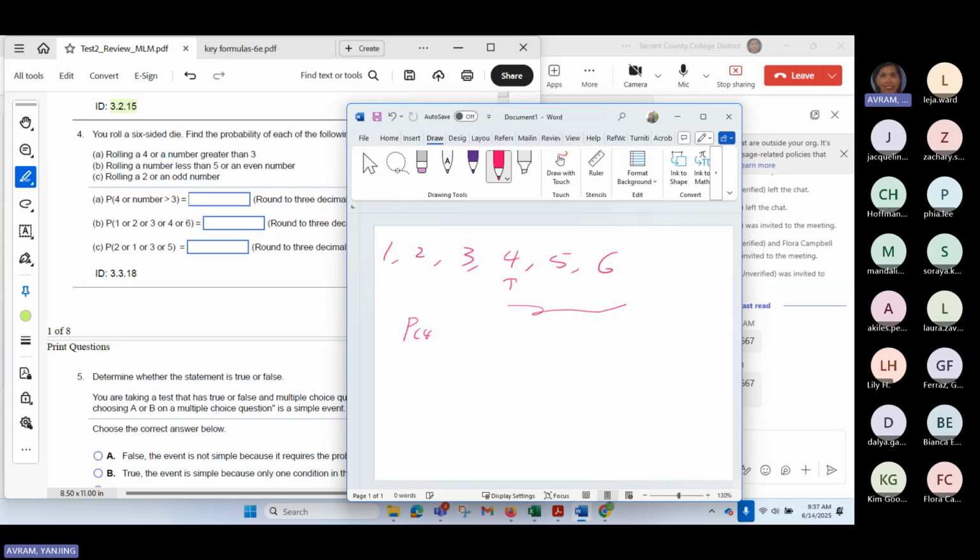So you use the probability of 4 plus the probability of greater than 3, but you also need to subtract the probability of 4 and greater than 3 once. Greater than 3 has 3 outcomes, 4 and greater than 3 is one of them, divided by 6. So that is 3 divided by 6, or 0.5. Or if you don't want to use this complicated one, you just do not count the 4 twice. So that is your A.